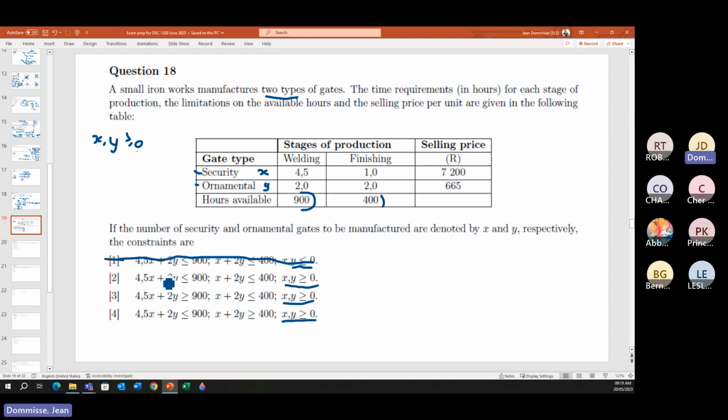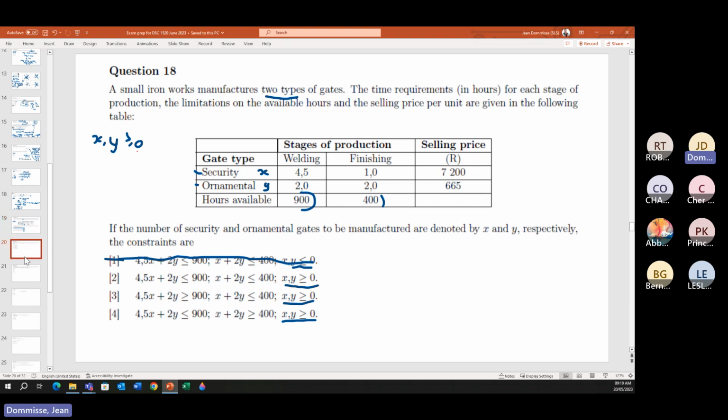What they then give us here is only the stages of production. So I won't be surprised if in a next question in my exam they also ask you something about total revenue, because they give you the selling price.